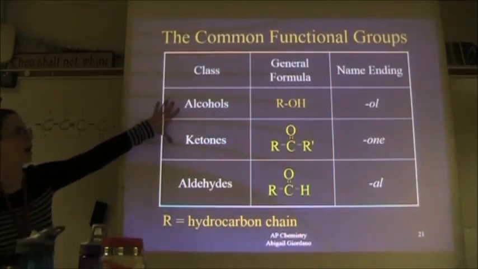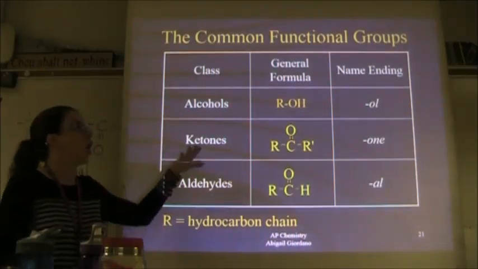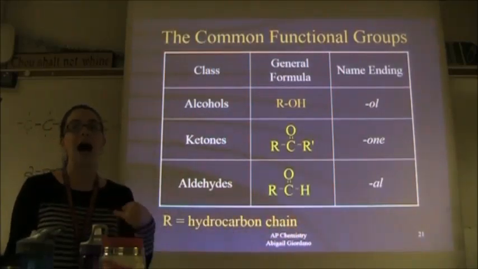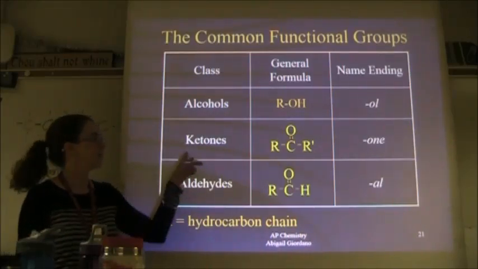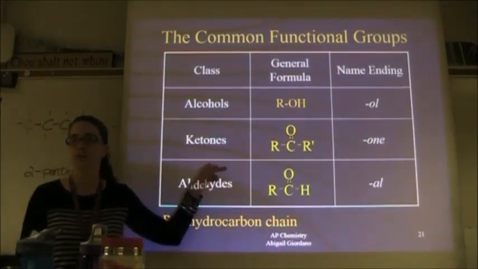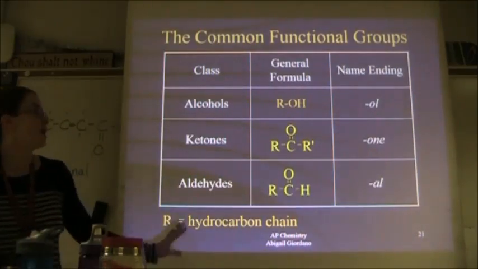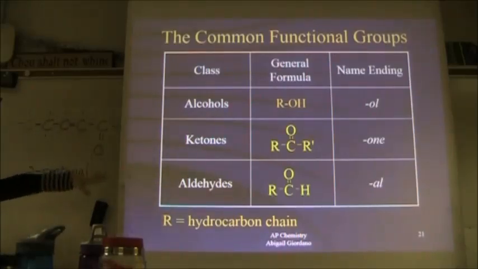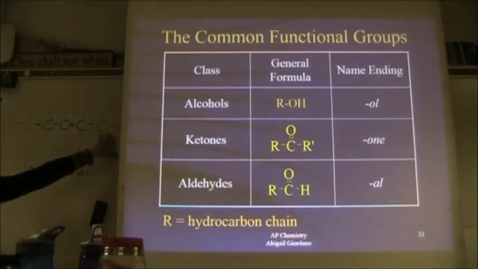So I would not give you an alcohol or a ketone that also has a double or triple bond in it, because in full disclosure, I don't know how you handle that kind of naming. How do you indicate not only where the functional group is, but also where the double and triple bond is? I don't know. So I will only give you a double or triple bond on a functional group that doesn't require a number. Okay?